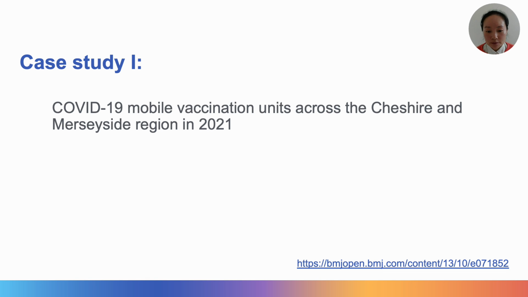I will use a case study, the one I mentioned in the beginning of this course, using the COVID-19 mobile vaccination units across the Cheshire and Merseyside region in 2021 to further explain this.